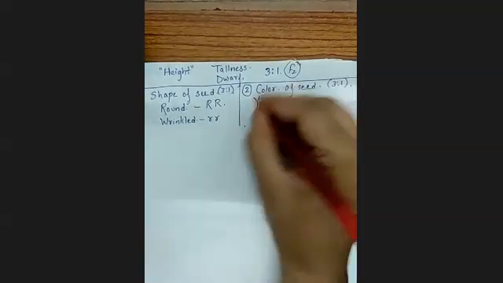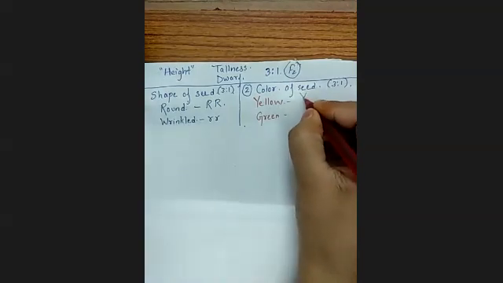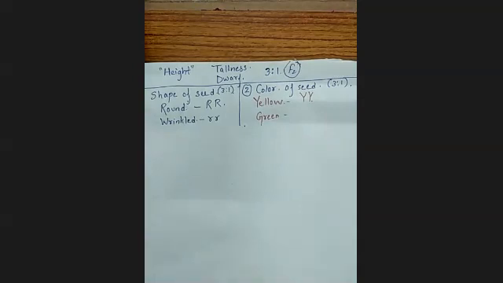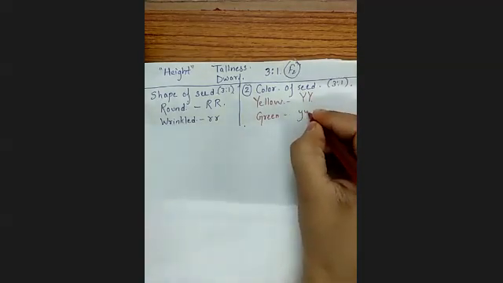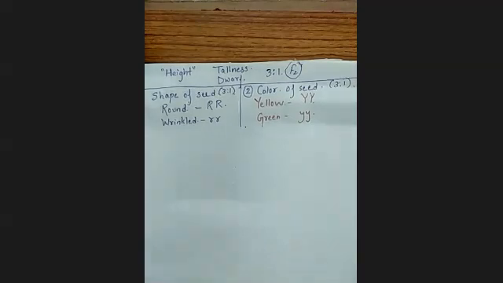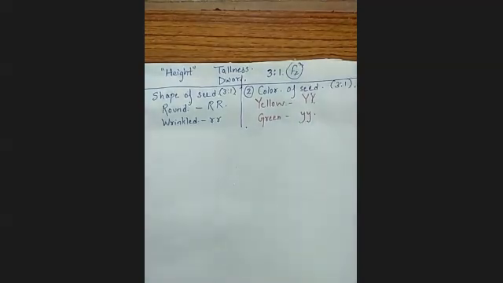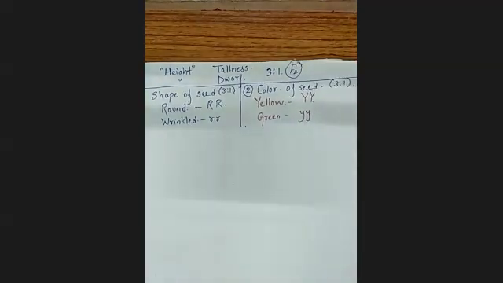Yellow was considered dominant, and green was considered the recessive one. That is how he decided to study these characters.